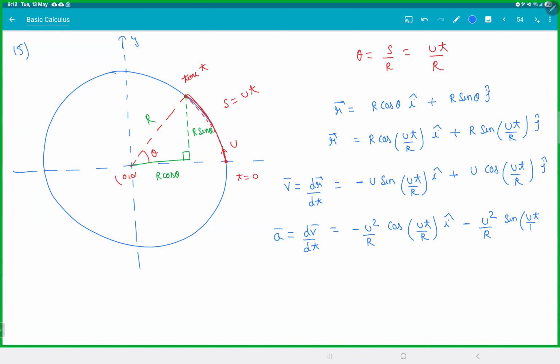Now, if you notice something here, in this acceleration, if you take out minus u square by r common, this will become simply cos ut by r i cap plus sine ut by r j cap.